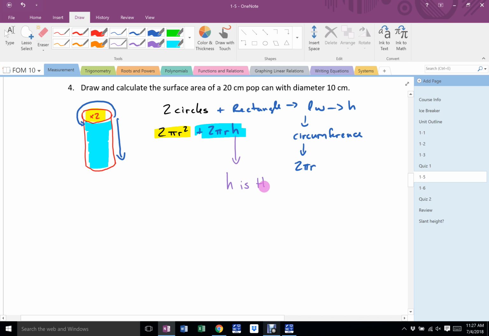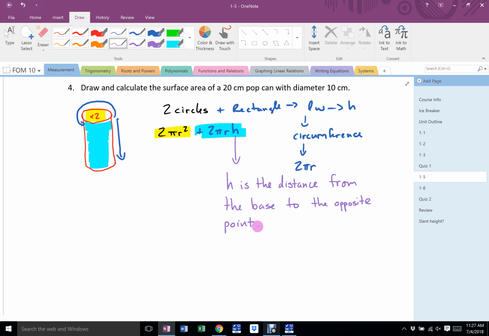H is the distance from the base to the opposite point. So, in a cylinder, H is always from base to base, even if I lie it down. This is my H. Everybody cool?